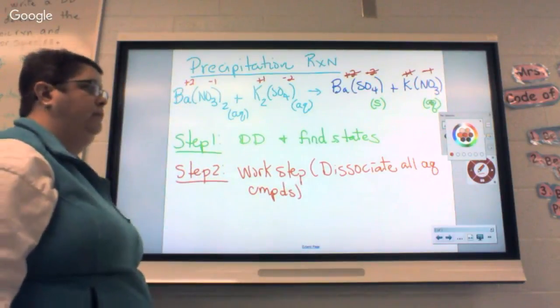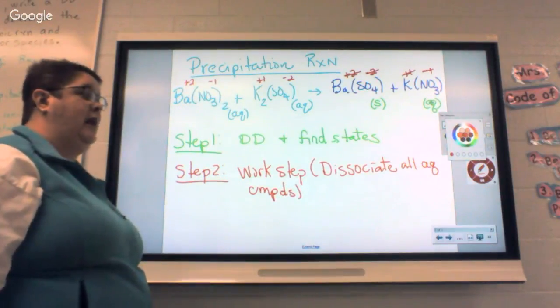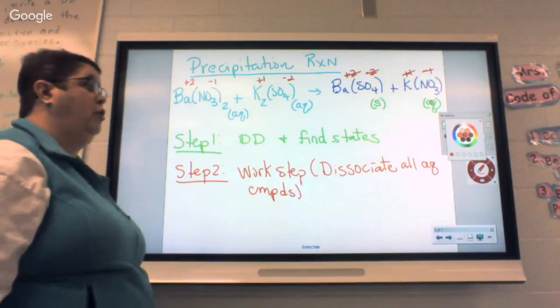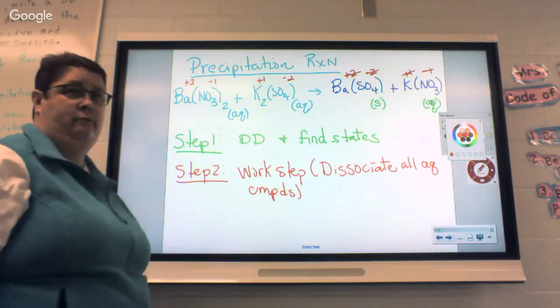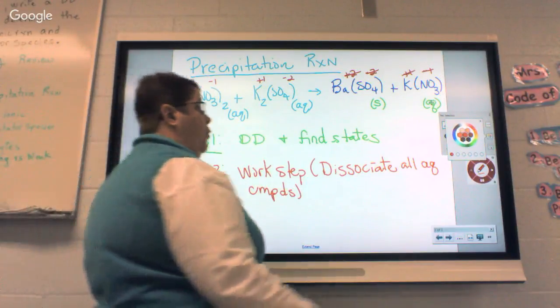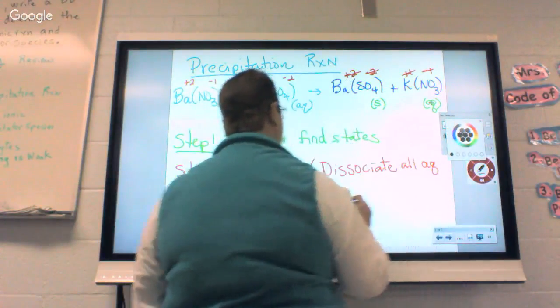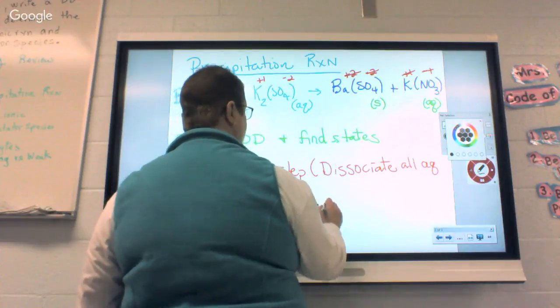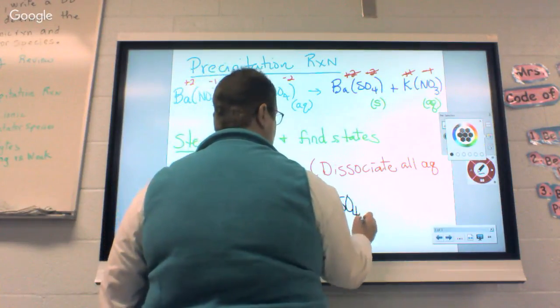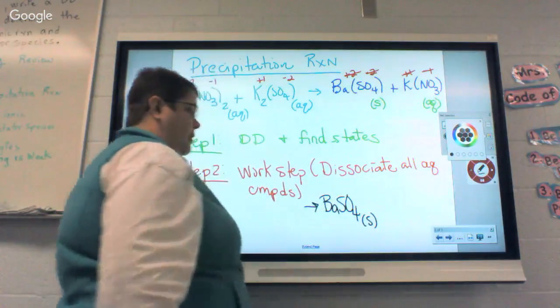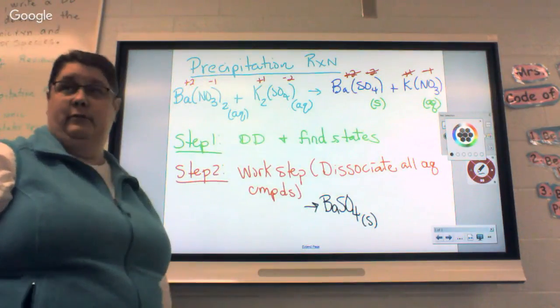Only the aqueous. So who am I not dissociating? Why am I not dissociating BaSO4? That's right. So I'm carrying it down exactly as it is because it's a solid.